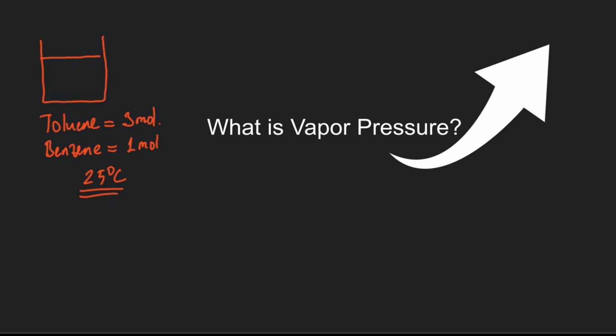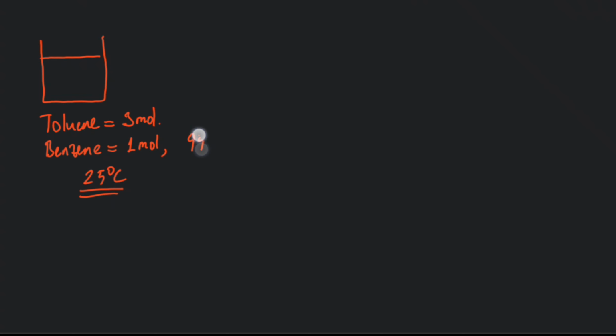By the way, the vapor pressures of benzene and toluene should be known: for benzene it is 95.1 torr, and for toluene it is 28.4 torr.